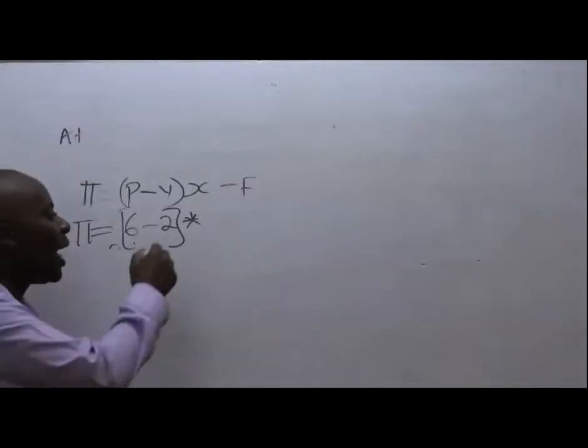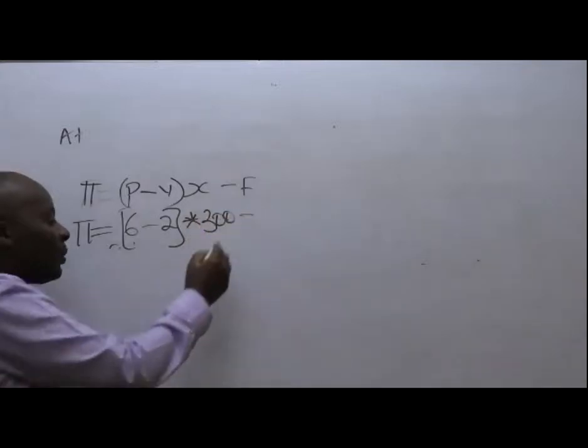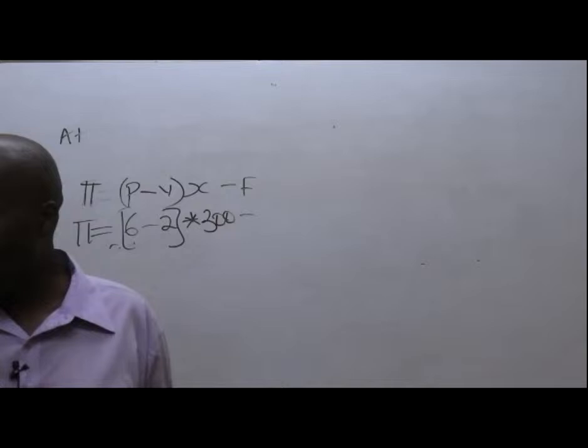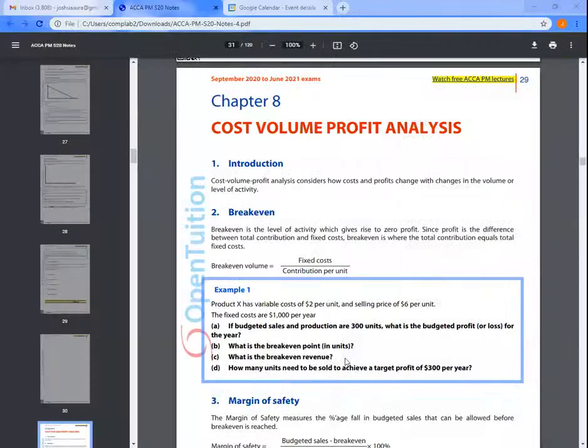So times 300, minus the firm's fixed cost, which we are told up here is 1,000 per year. That is why most students were able to get 1,200 minus 1,000, which gave a figure of 200. Thank you very much.